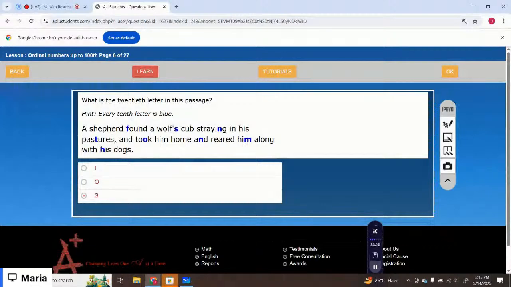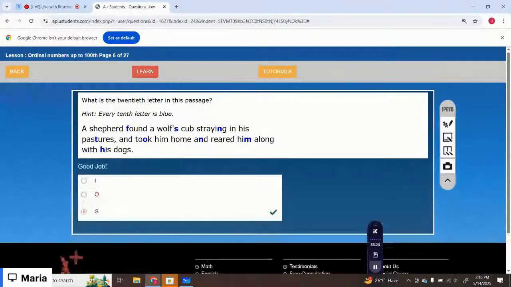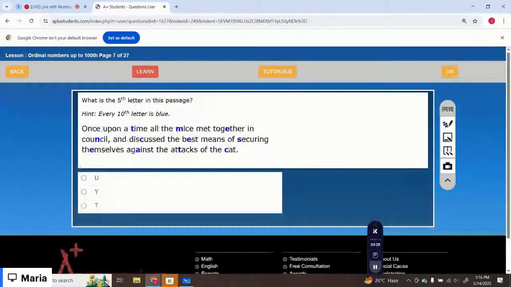The correct option is S. What is the fifth letter in the passage? Which is the correct option?